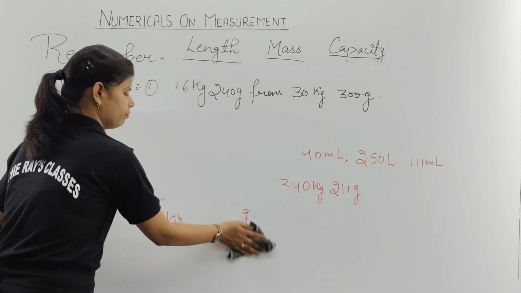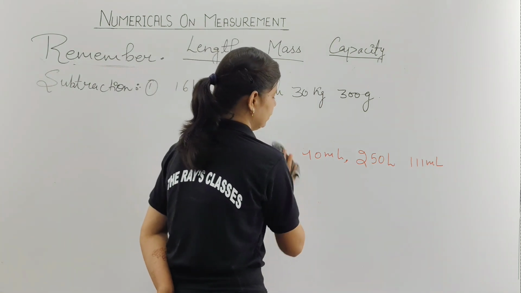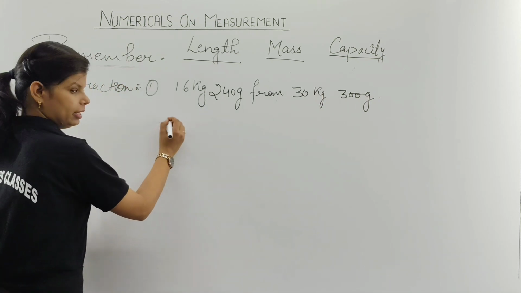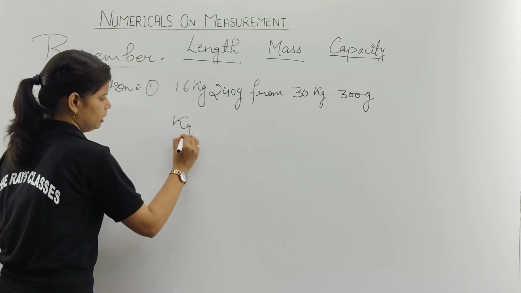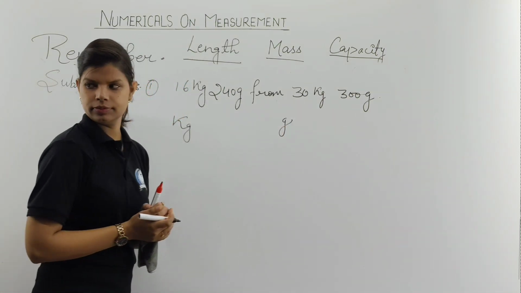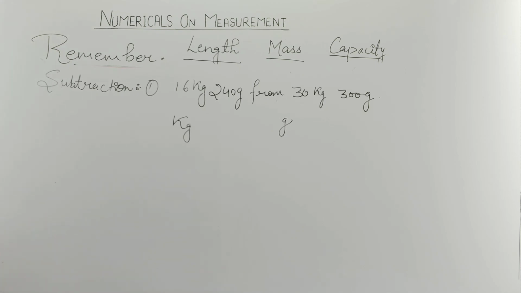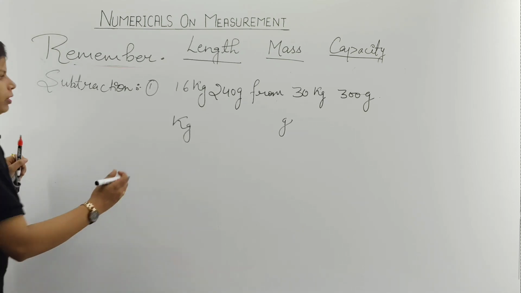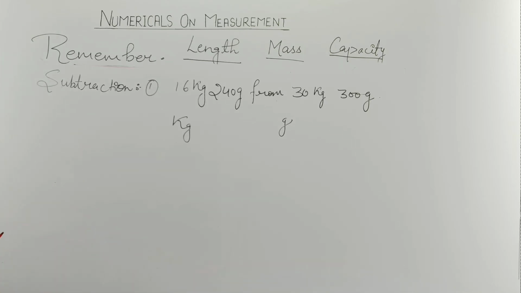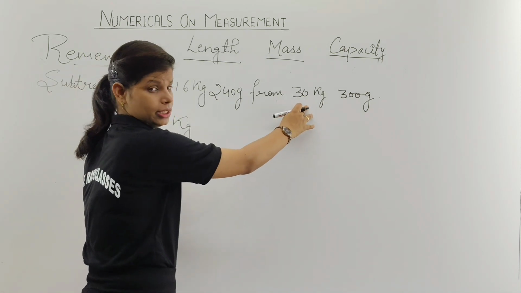Here 2 units are given. One is your kg, other will be your gram. In that unit, you have to write it separately like this. Please write for this kg and write for this as a gram. Clear? Hope you understand. Now, 16 kg can be written as, you have to subtract 16 kg from 30 kg.